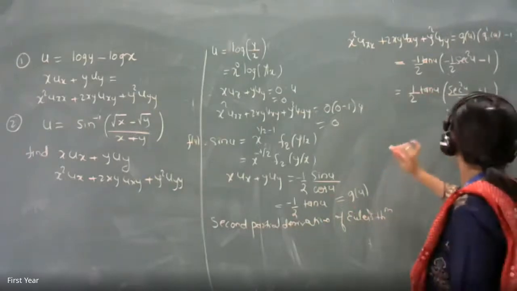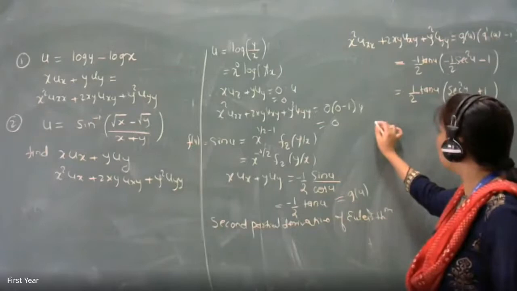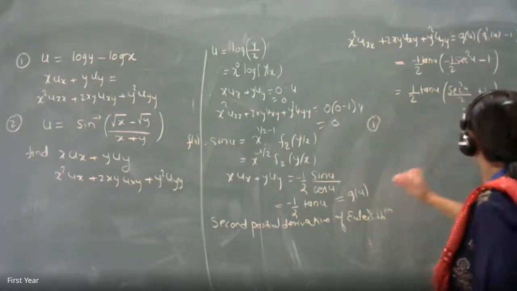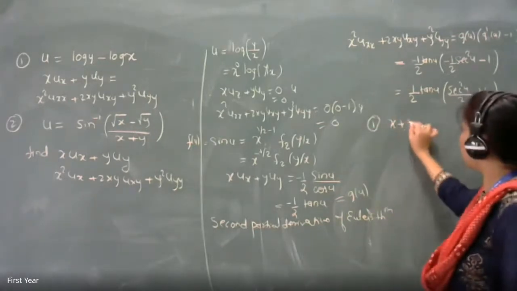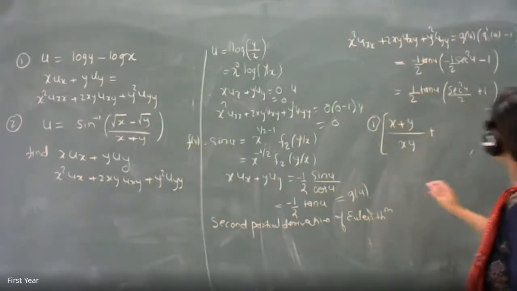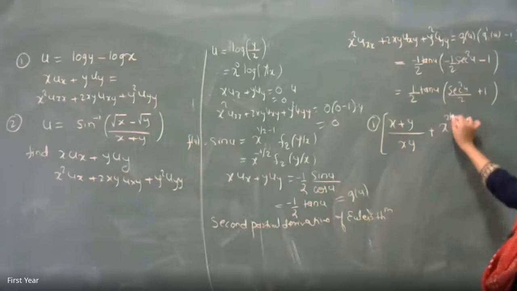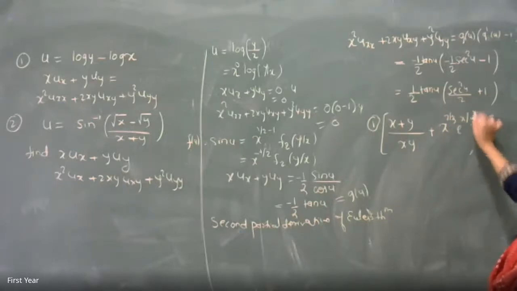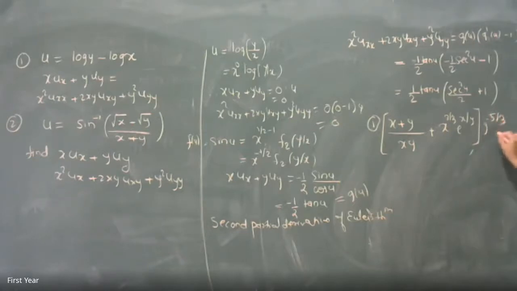So right now I'll give you the question. Identify which of the following is a homogeneous function. The first one is x plus y upon xy plus x raised to 2 by 3 e raised to x by y raised to minus 5 by 3. This is your first function.